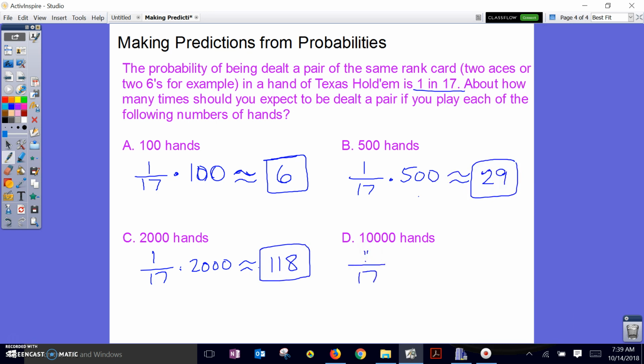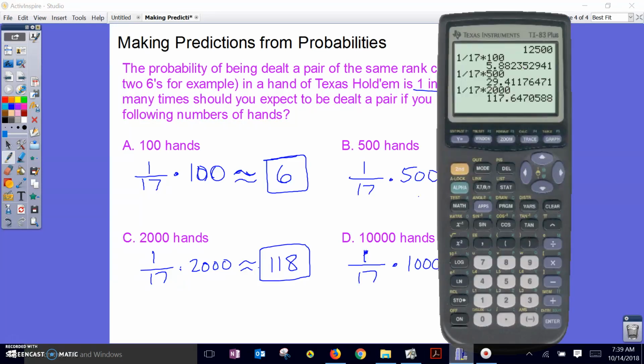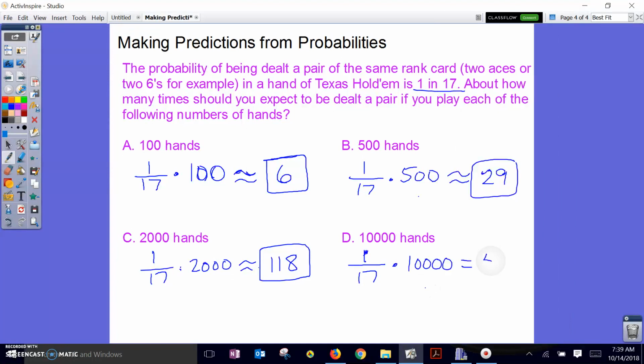And then we'll do the same for 10,000 hands. It's really nice in this problem that we were given the probability. Didn't have to figure out what it was. And there we're going to get about 588.